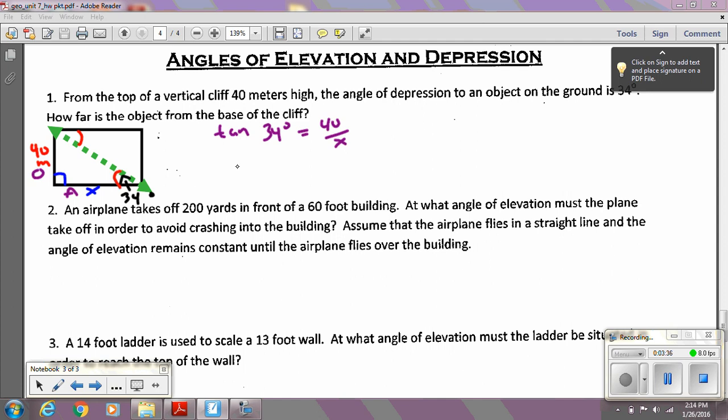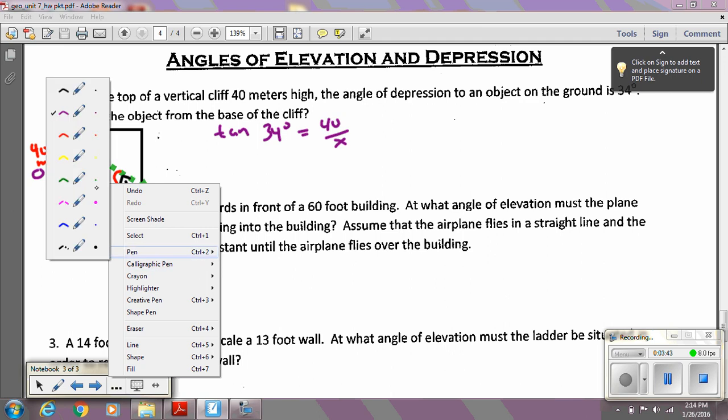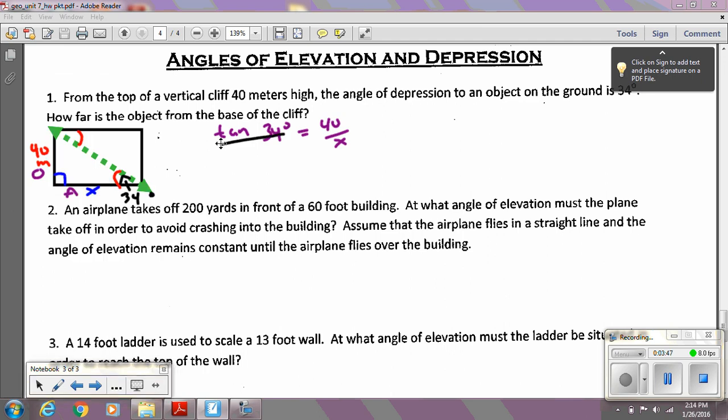So now that x is on the bottom, here's a shortcut for you. I am going to cross multiply like we've done in class. So I can put this over 1. But there's a shortcut, in other words. Let me just scratch that.